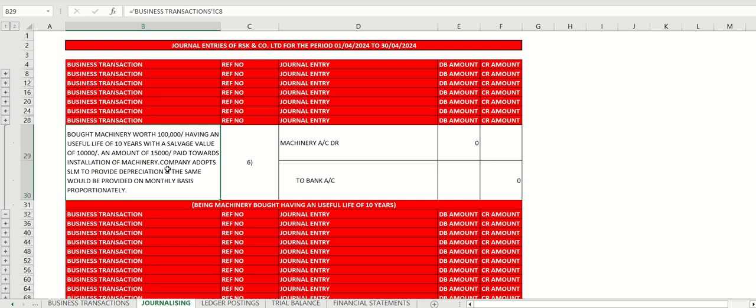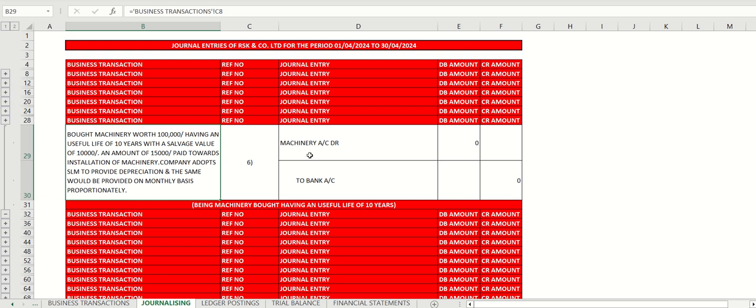The actual cost of acquisition includes the purchase price of the machinery plus any cost paid for installing it. So to acquire the machinery we incurred 1 lakh, and on top of it we also paid 15,000 towards installation of machinery.